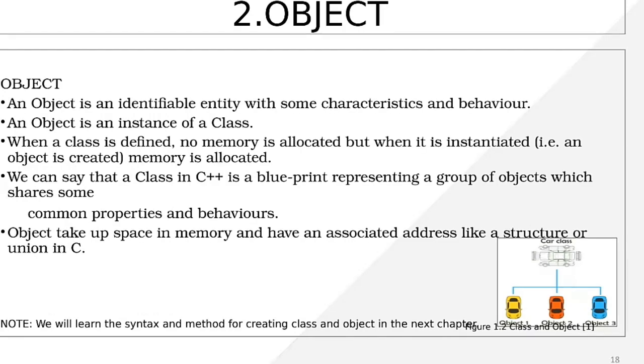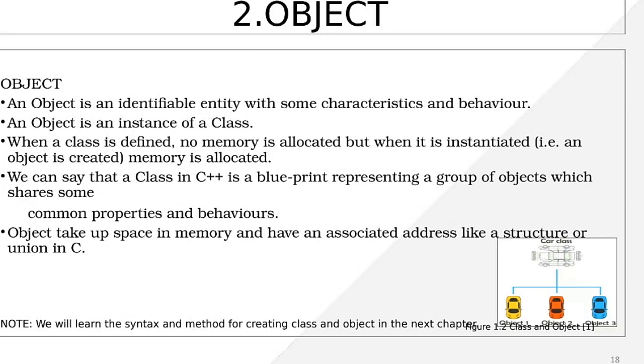And what is an object? Like somebody has said that Toyota has created different objects. Same way, you have a class called car, and with that class you can create as many objects as you want, right? So I have a class called car, and I can create an object of that class.